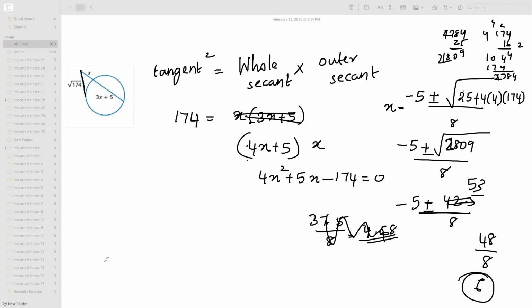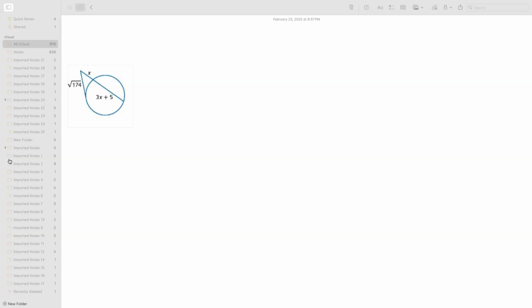Did you get it? Yeah. Quadratic equation, you should be able to use the quadratic formula. That is why I gave this question. Can I move on? Okay, do it and let me know. Did you get it, guys?